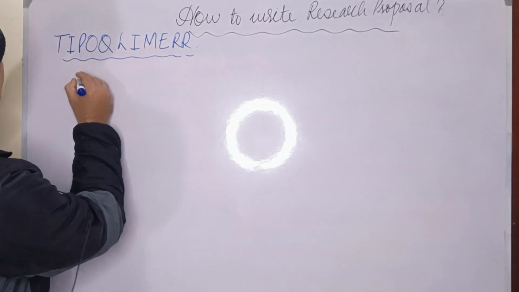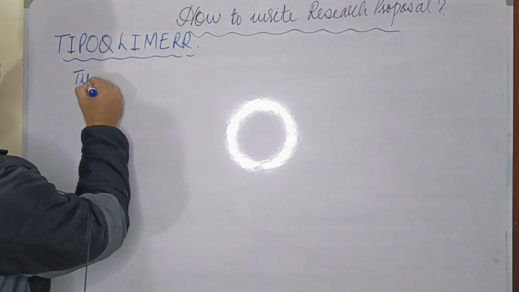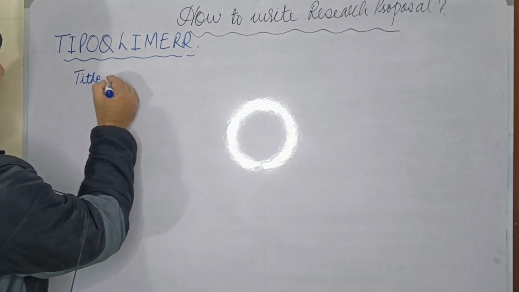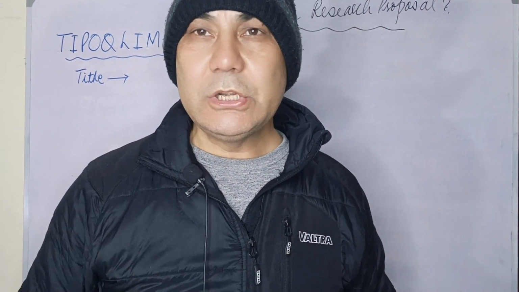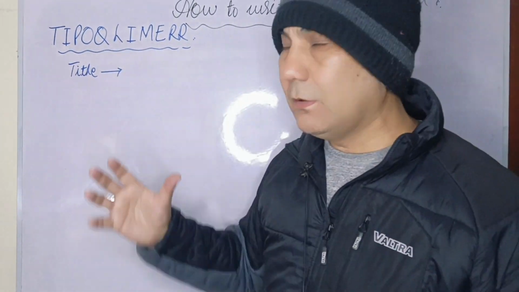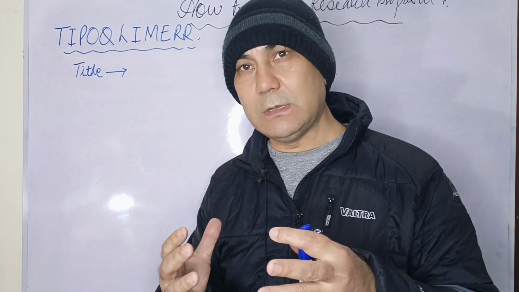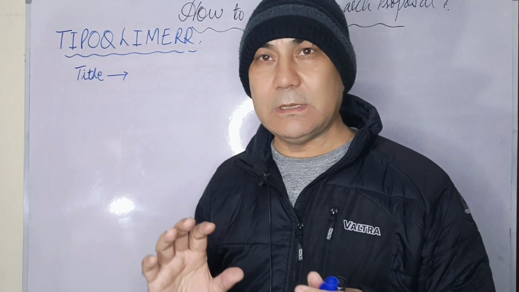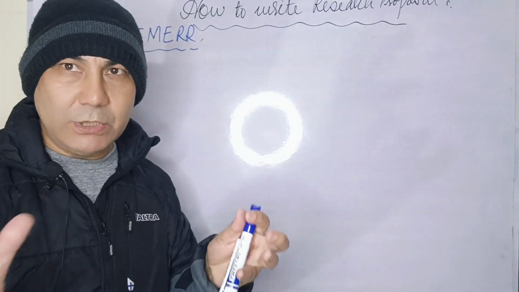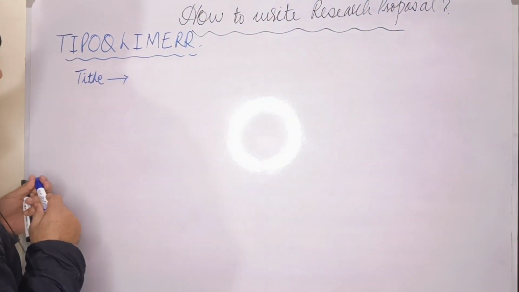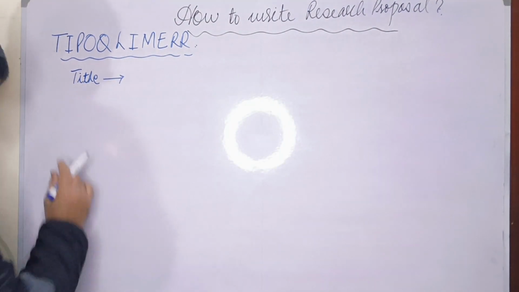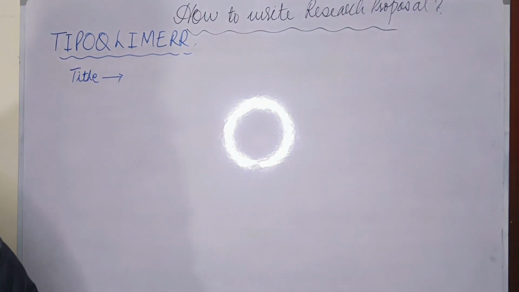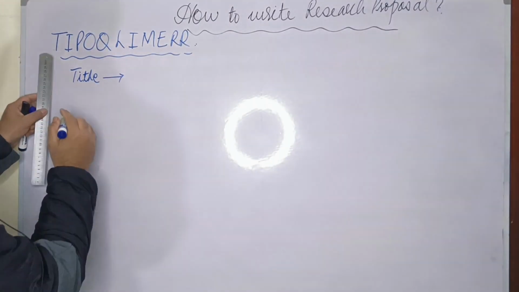T is for the title, the title of your research proposal. For the title, I prepared another mnemonic, to help you memorize how it should be accurate. Keep it in your mind.